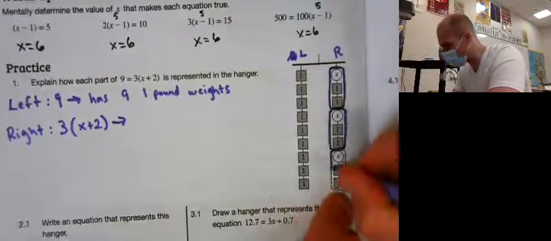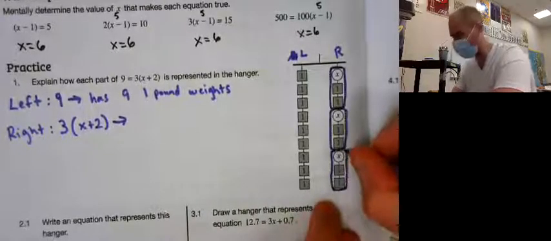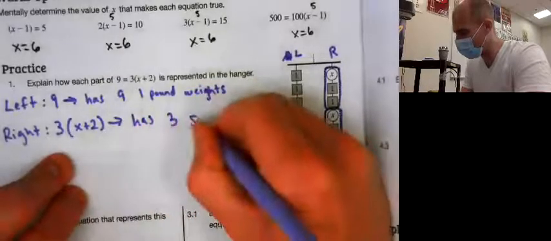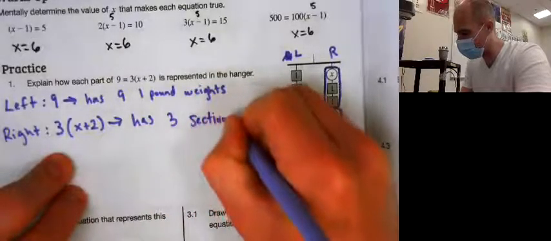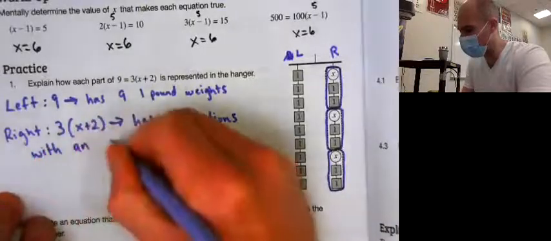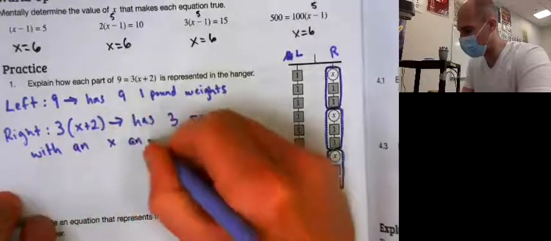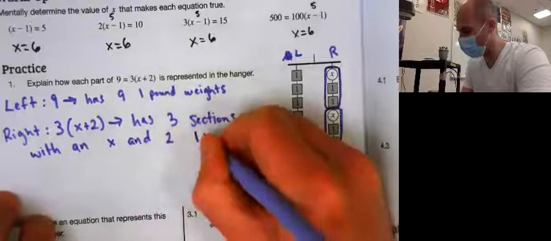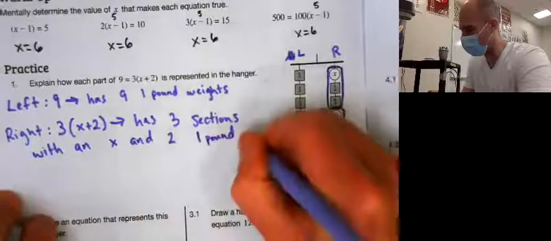So each one of these is an x plus 2, and there's 3 of them. Has 3 sections with an x and 2 1-pound weights.